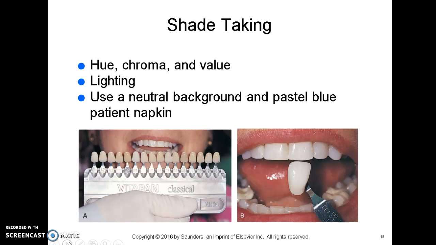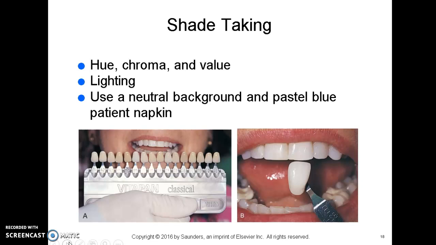Lastly, we're going to talk about taking shades. We talked about this a little bit in specialties, but we need to remember that there's a hue, a chroma, and a value that is necessary to take into consideration for your patient to make sure that they get the best end result that they're looking for. Use proper lighting and use a neutral background.